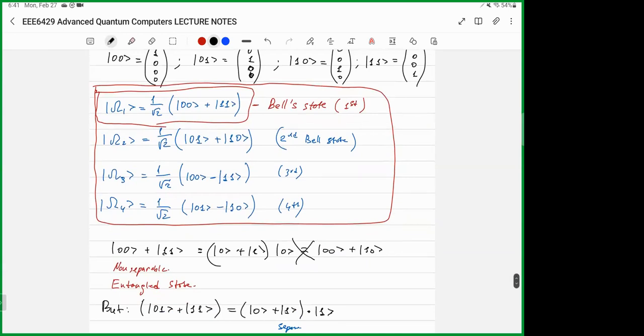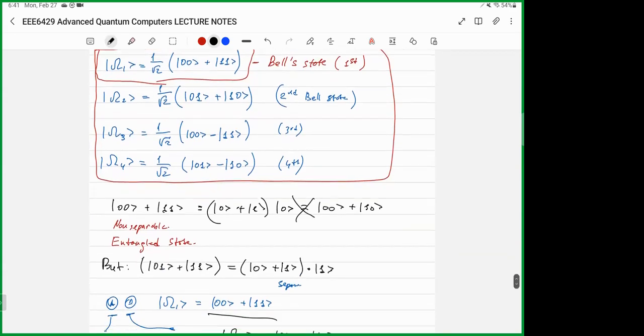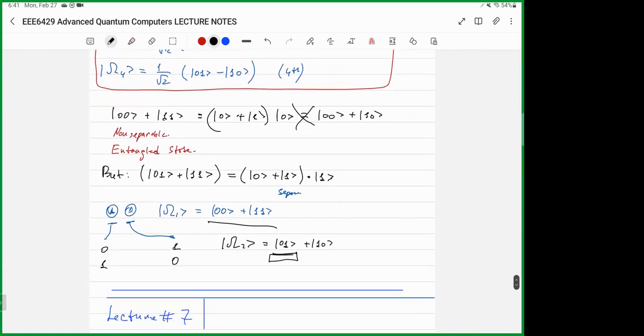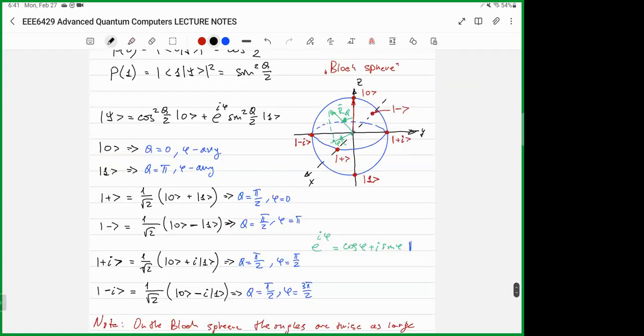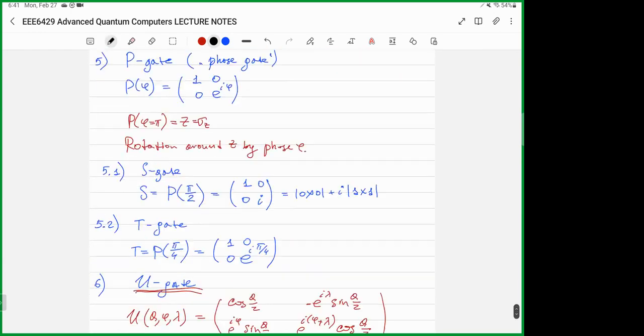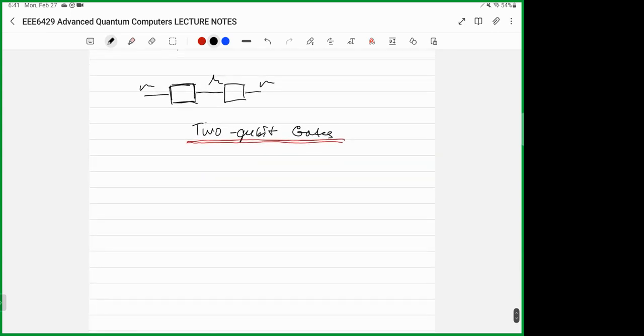And yeah, so this is quantum entanglement. We'll discuss this effect of quantum entanglement more deeply in what follows. But now let's talk a little bit about these 2 qubit gates.